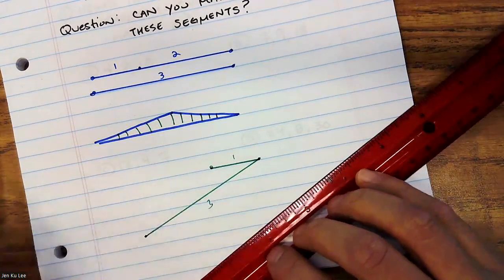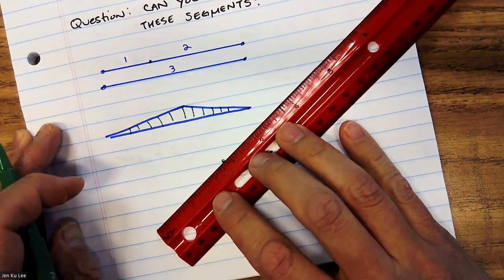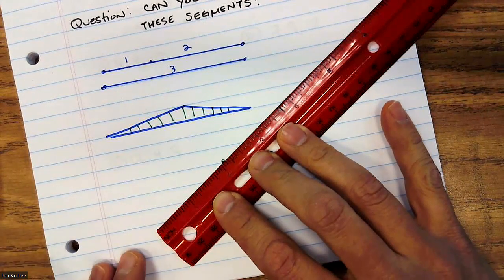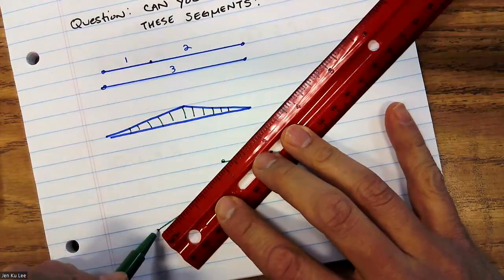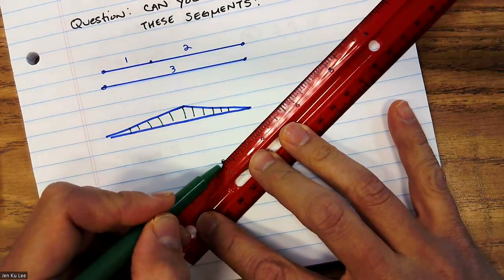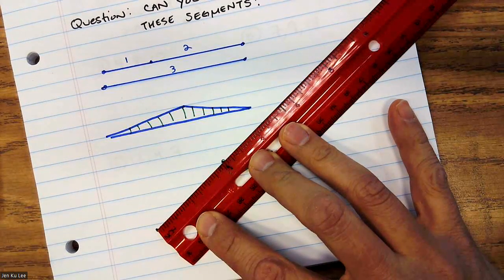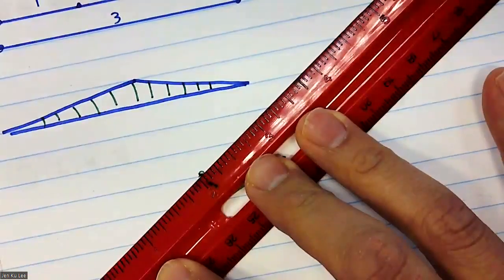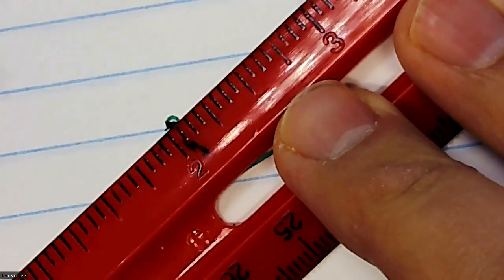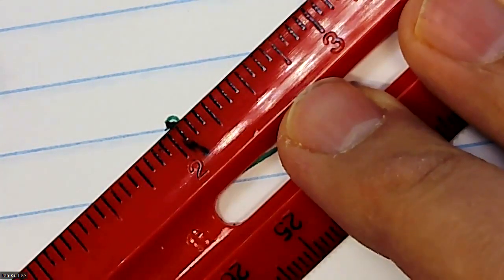That's 3, right? This is 2.1 inches. If you guys can believe me, because you can't see it on the screen. But this right here is 2.1. So 2.1 plus 1 is greater than 3.